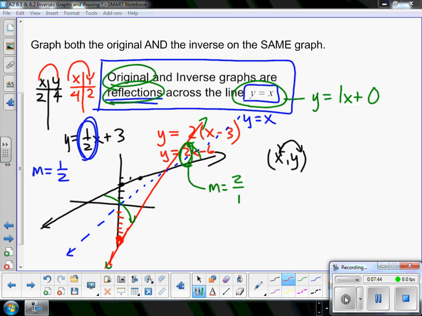Remember, slope is y2 minus y1 over x2 minus x1, rise over run. But on the inverse, x and y switch. So what used to be the x is now the y, and what used to be the y is now x. So the change in y over change in x swap because x and y are swapped.